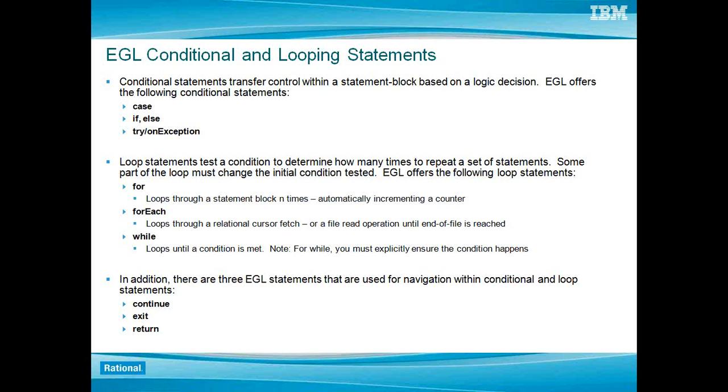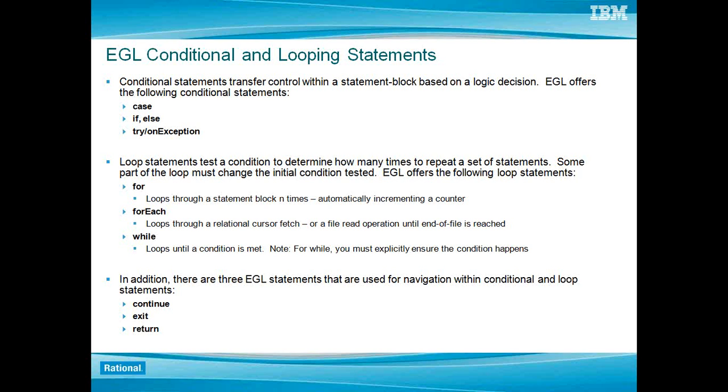For looping statements, we have three types of loops available in the EGL language: for loops, for each loops, and while loops. The for loop is normal, and the for each loop is mostly used when you are going to communicate with and manipulate your databases. For example, you have a number of records fetched from your database and you want to iterate over all of them, then you can use for each.